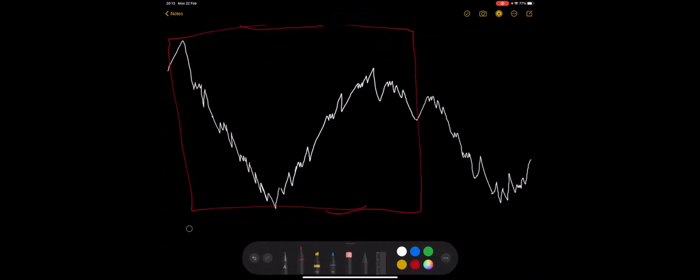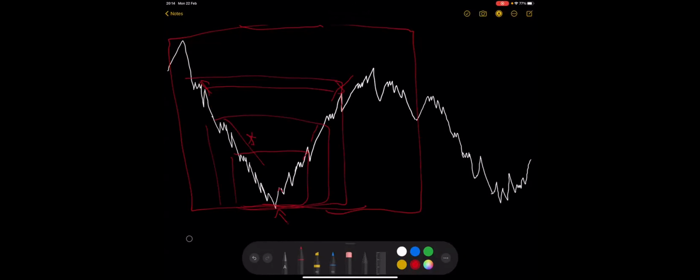Do you guys understand why you would define a high time frame range once there's the momentum shift? For example, this low here, once the momentum shift occurred, this can potentially pull in liquidity. But at the same time, we know that we have sub ranges within sub ranges to see how price reacts to every single point.